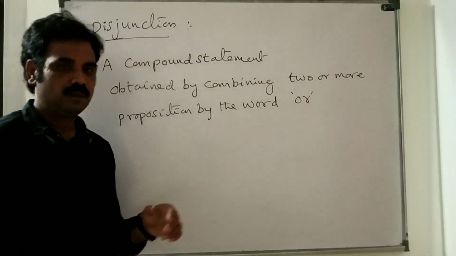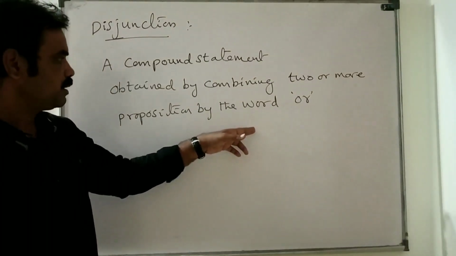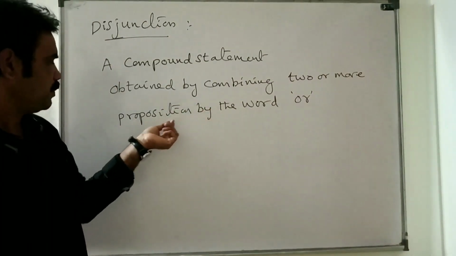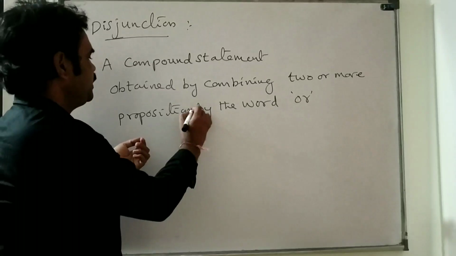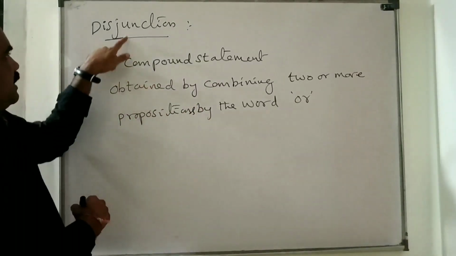So by using the word or, we combine two or more propositions, then we get a new proposition that is called disjunction.